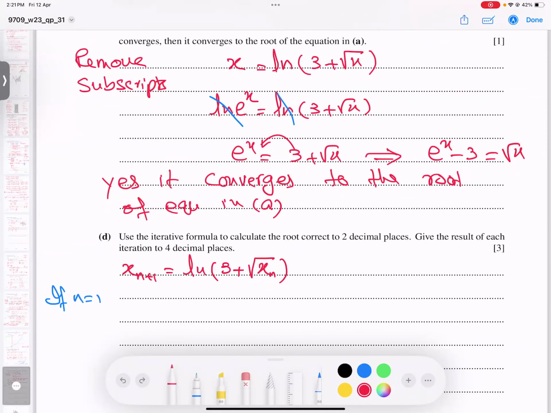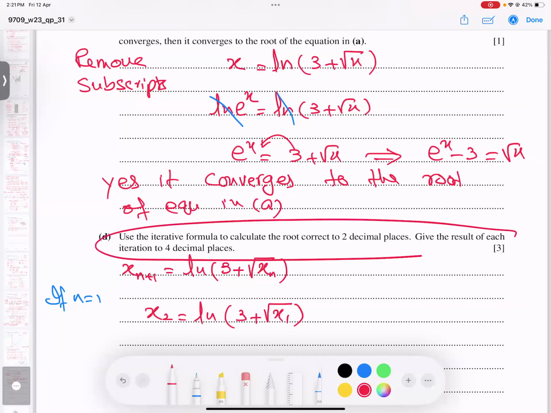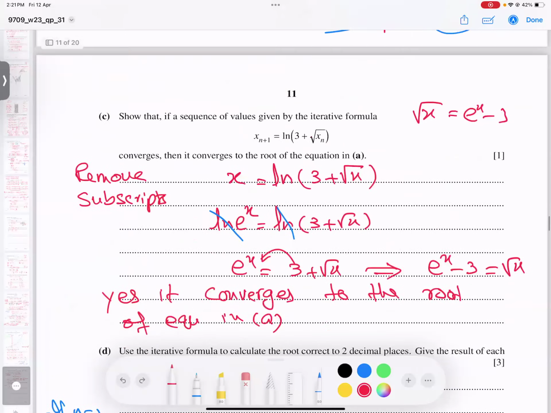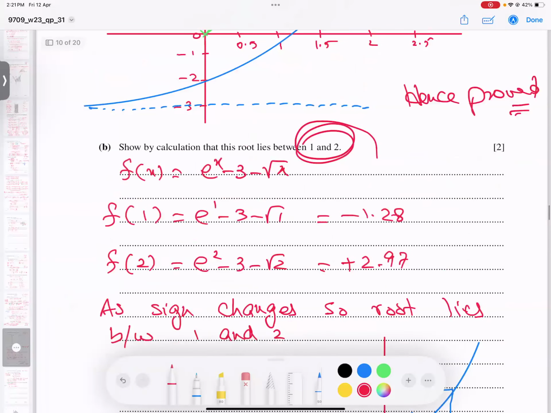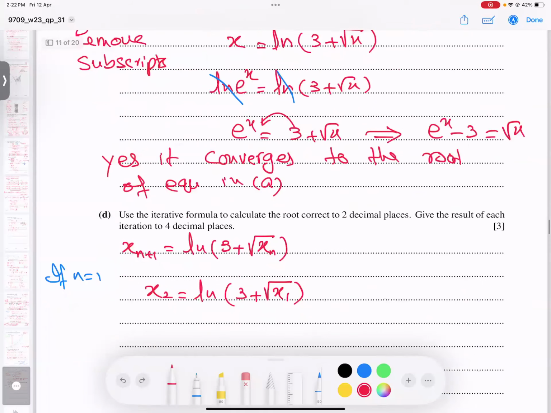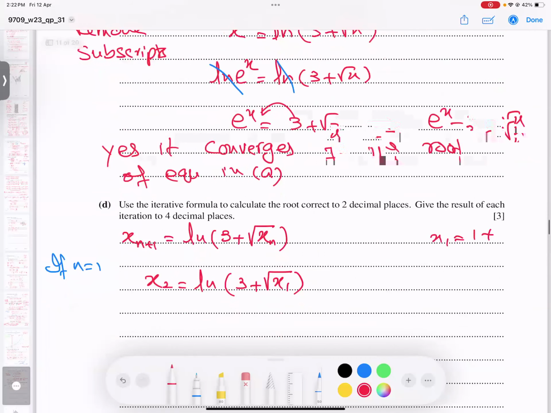So what I get is x2 equals logarithm of 3 plus root of x1. But the problem: do you have x1? No. Sometimes it is given, sometimes not. If not given, then take the average of these two numbers, 1 and 2. So x1 is 1 plus 2 divided by 2, and I get 1.5.